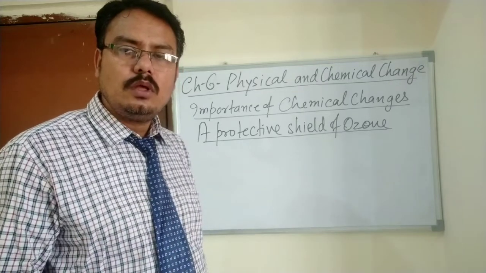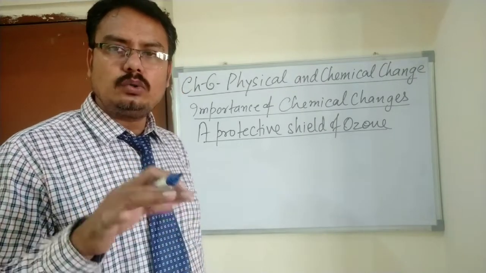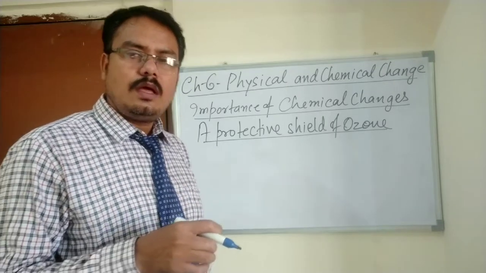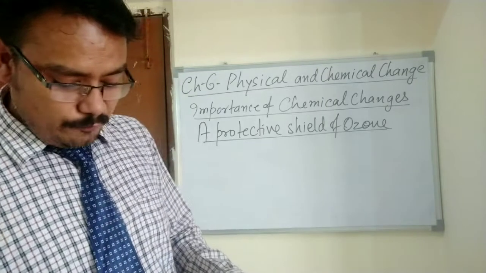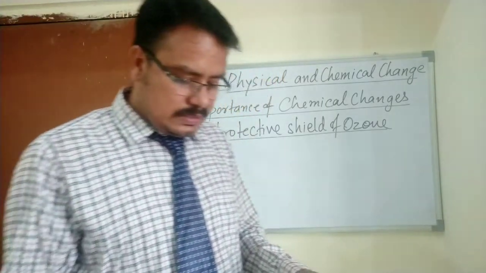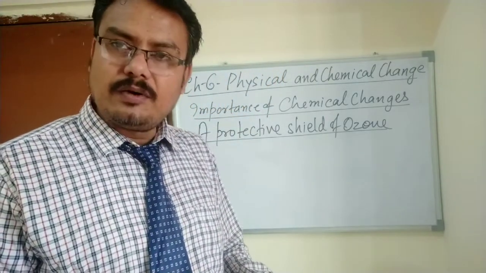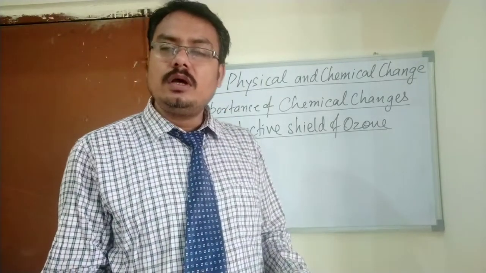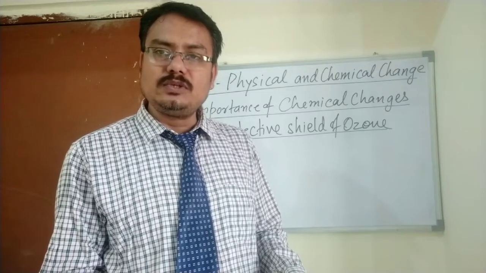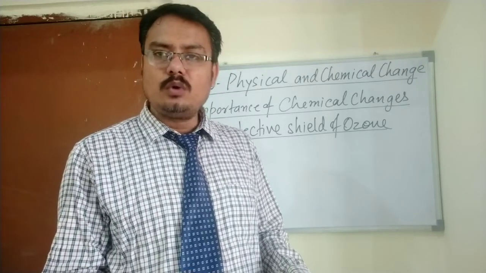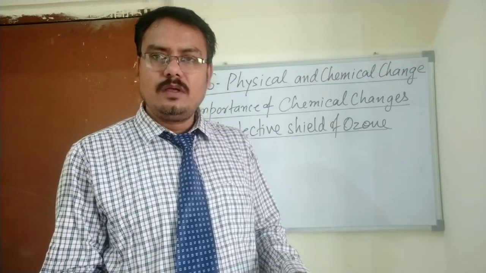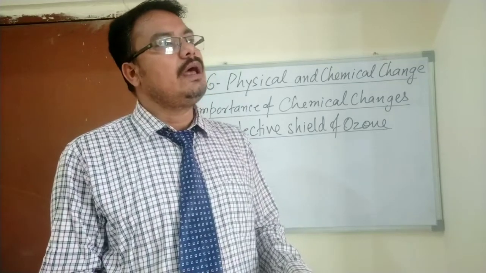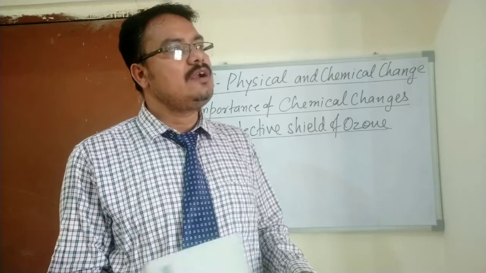How so? Ozone contains O3, 3 atoms of oxygen, and forms the ozone layer. You must have heard about the ozone layer in our atmosphere. It protects us from the harmful ultraviolet rays coming from the sun. When the sun rays are coming, along with them ultraviolet rays are also coming.